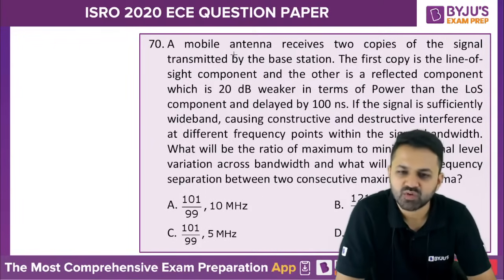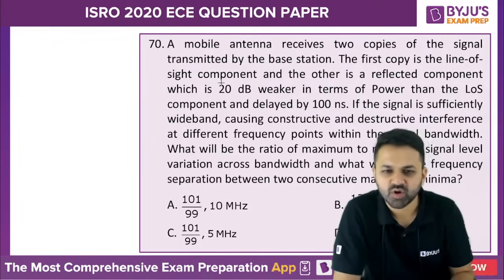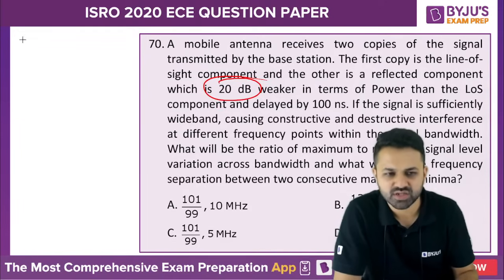So how can you calculate the VSWR in this case? Because it is saying that there is 20 dB loss, we can say that the return loss is minus 20 log of magnitude of reflection coefficient. So this is given as 20.